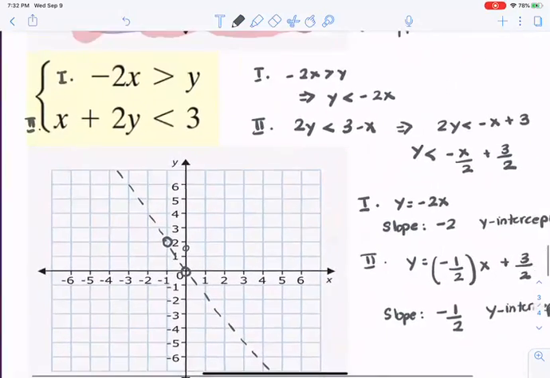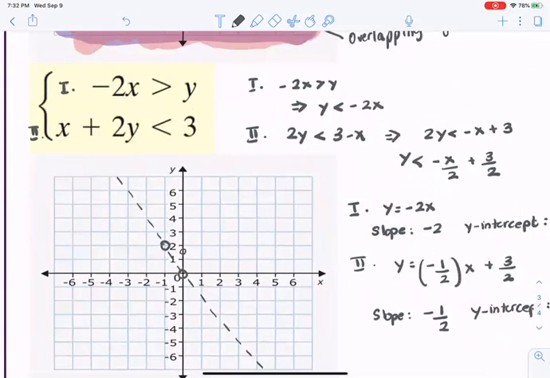And if we plug in 1, we will have 3/2 minus half. We will have 1. So that would be the next point. And again, that is dotted also. But before we do that, let's take care of the inequalities first.